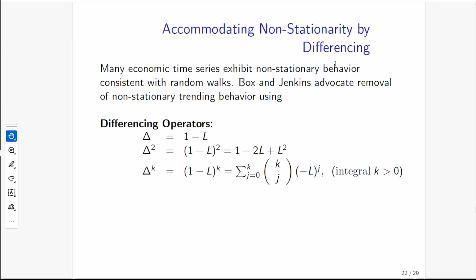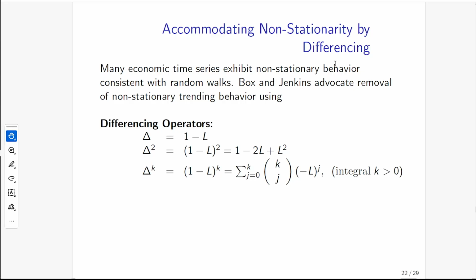Okay, so next we want to deal with how we can accommodate non-stationarity in time series. So far, we've just assumed examples and models, like autoregressive and moving average models, where the series is stationary.